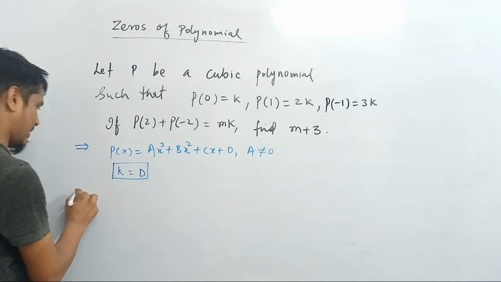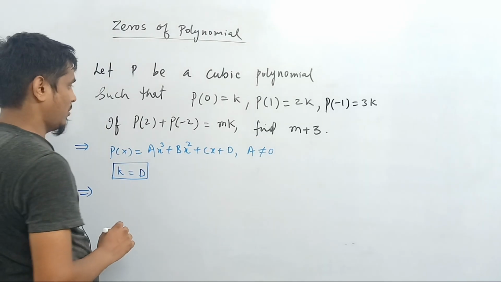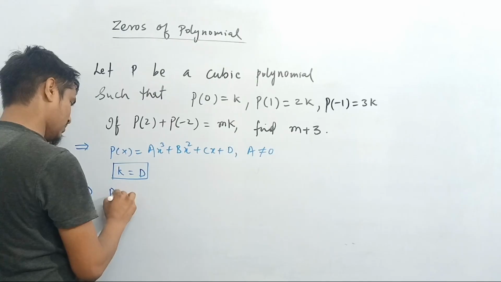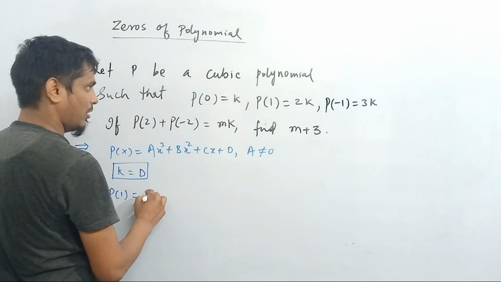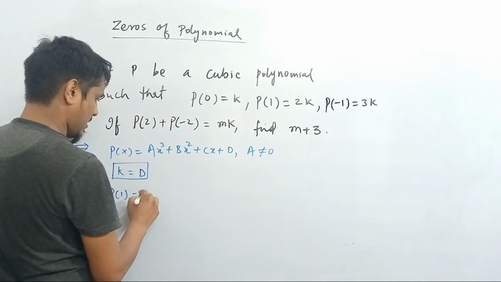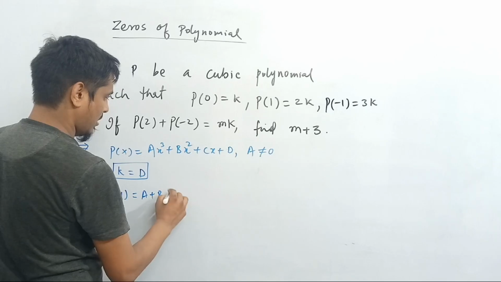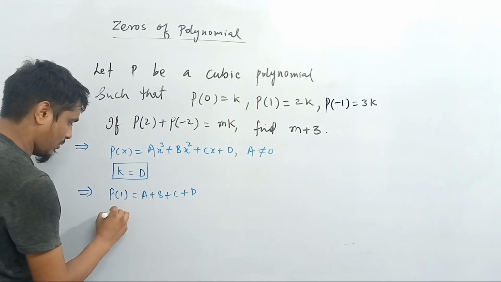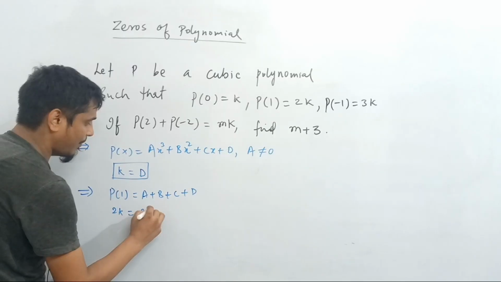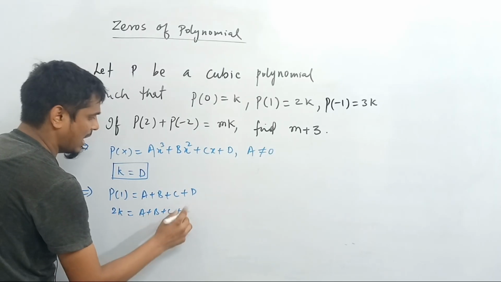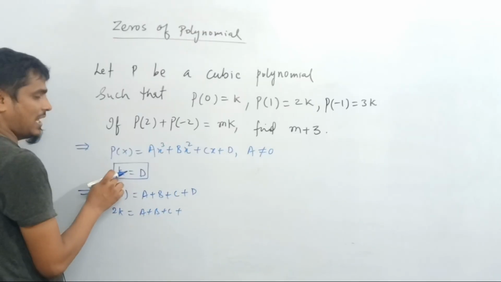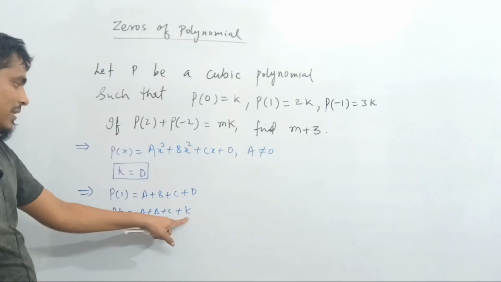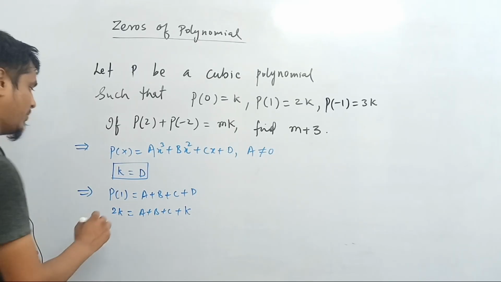Now let's substitute the value x is equal to 1. So when we put x is 1, then this will be equal to a plus b plus c plus d, and p(1) is 2k, so 2k over here, a plus b plus c, and as the d value we got is k, we need to substitute that value, and then further we'll simplify, sending this to the left by transposition.